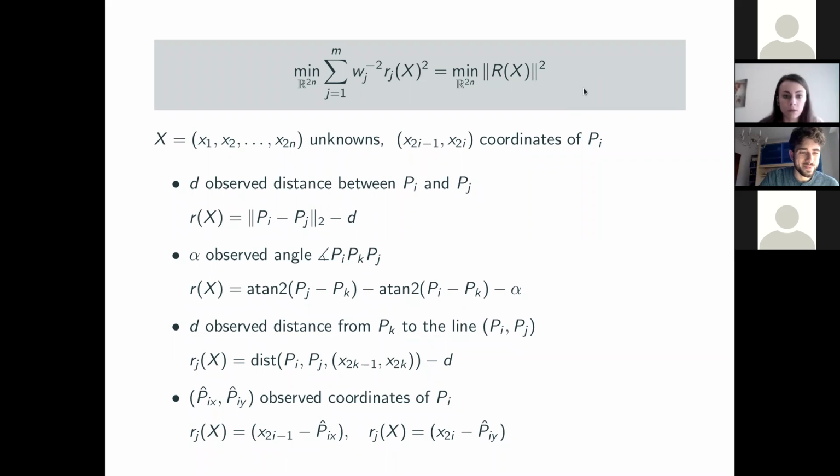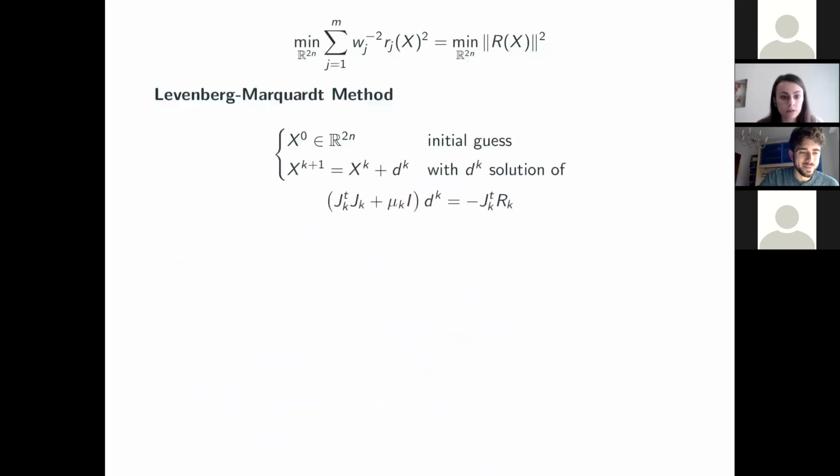I said that our method is based on the Levenberg-Marquardt method, which is a very standard method for solving least square problems. So I will just briefly recall how it works. It's an iterative method. At each iteration, we take a step in direction dk, where dk is the solution of this linear system.